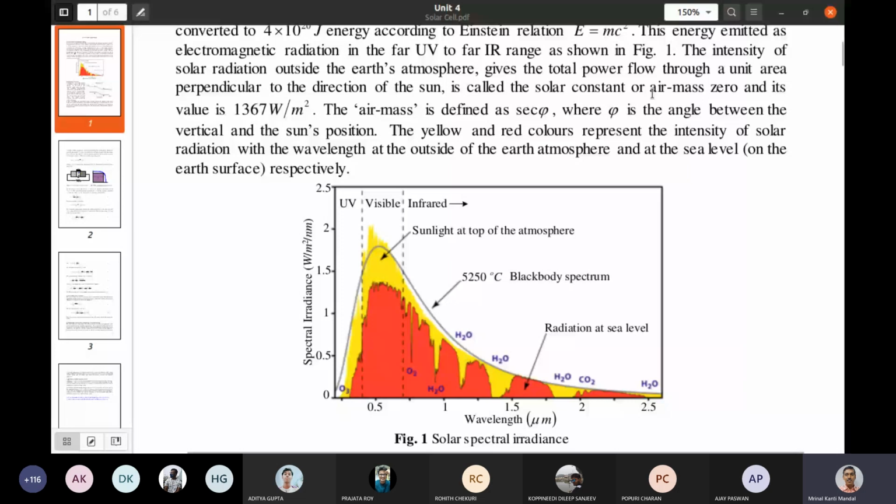And this value is 1367 watt per meter square.